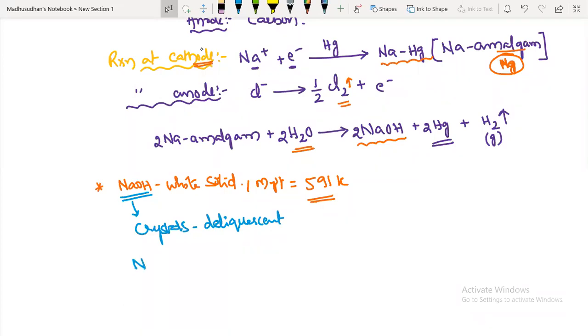Suppose a sodium hydroxide solution is there like this. The surface sodium hydroxide molecules react with atmospheric carbon dioxide. They will form sodium carbonate.